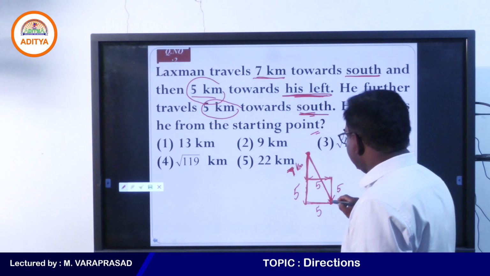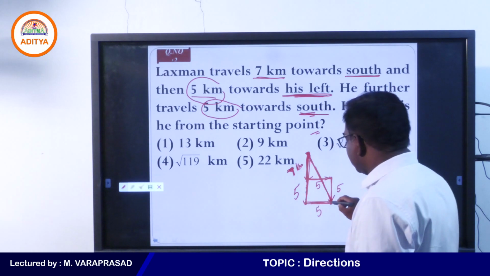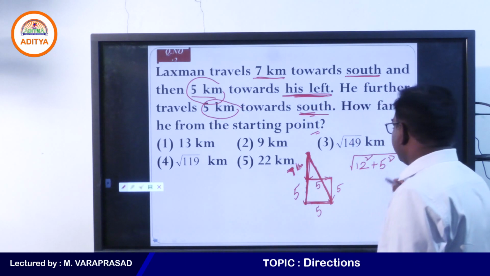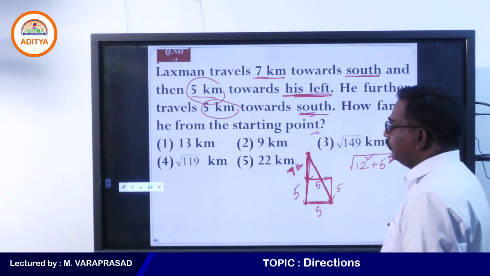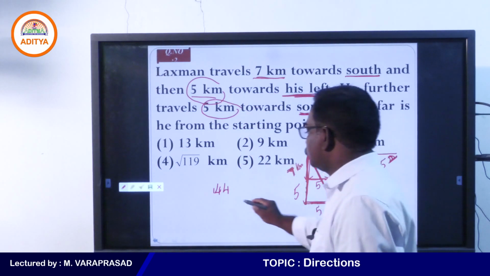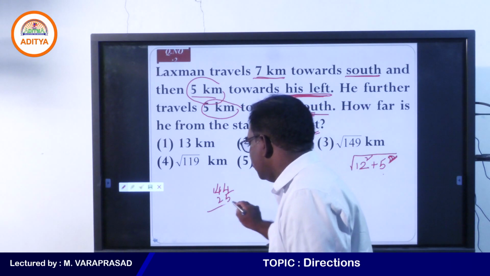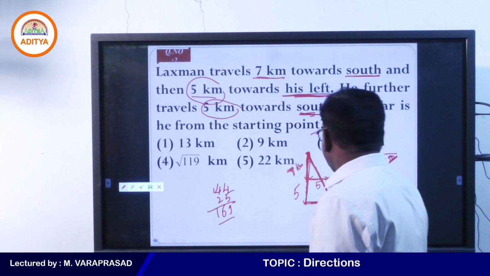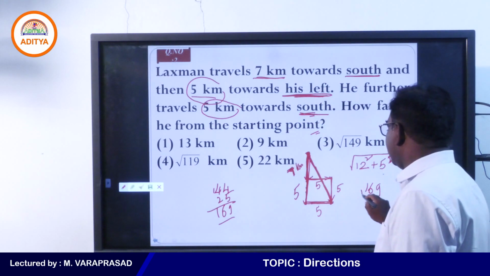So you get this distance: 12 square plus 5 square. 12 square is 144 and 5 square is 25. The answer is 169. Root of 169 is 13.